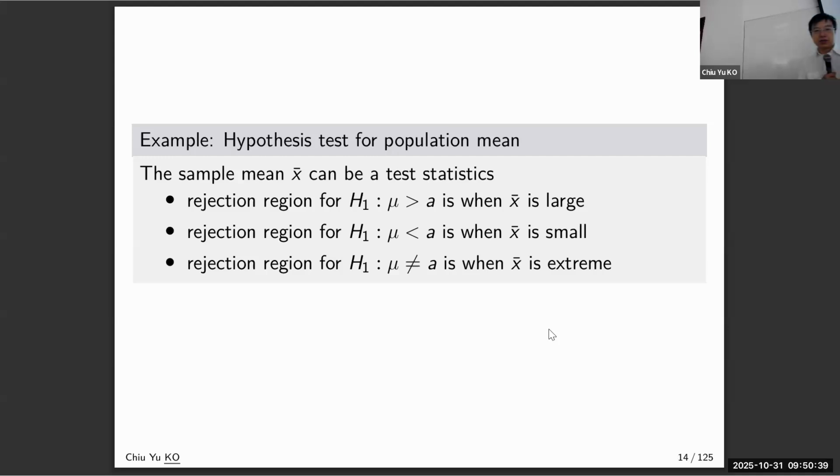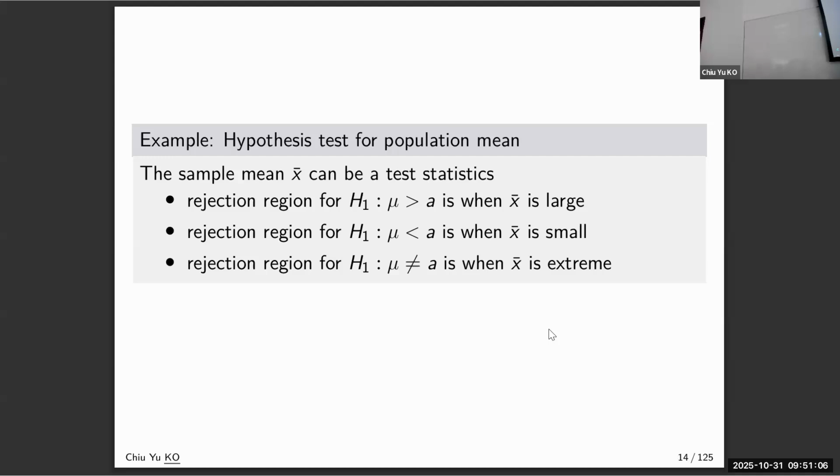Same when the alternative is mu is small, that means that we will reject the null when X bar is very small, right? When we say it's not equal, then whenever the sample mean is too large or too small from A, we will reject.